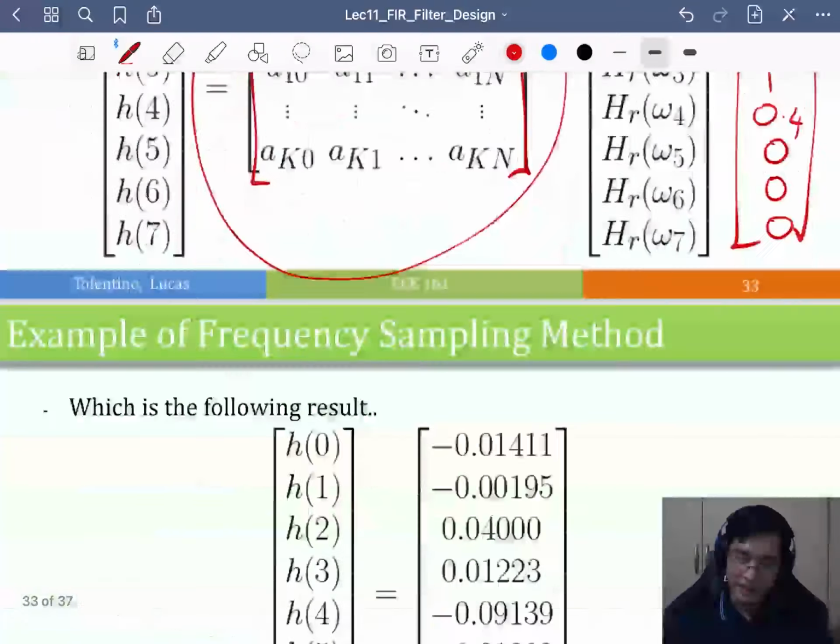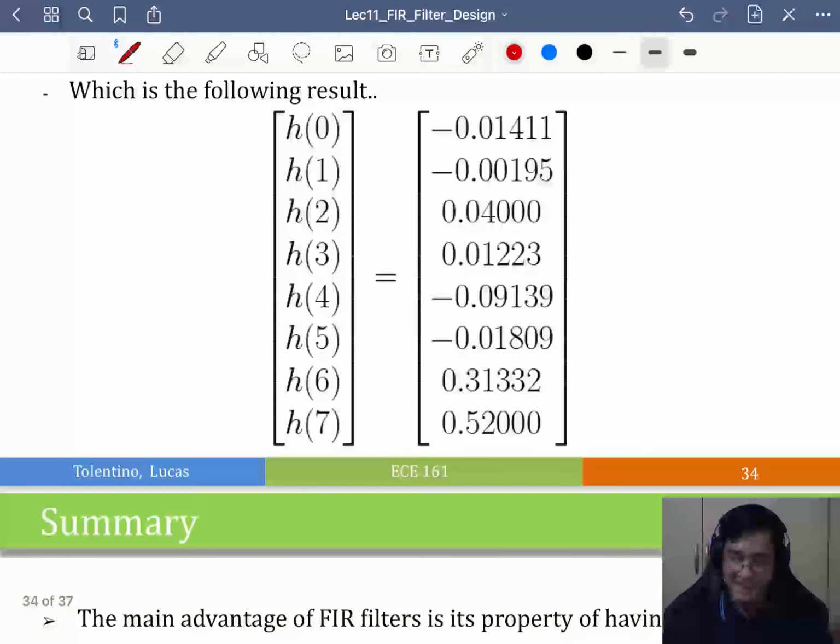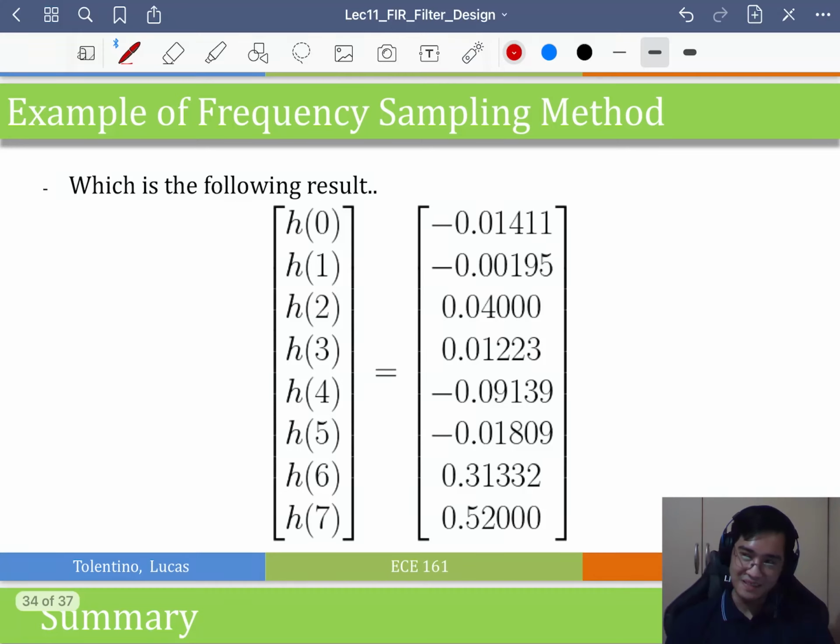We should get this equation. It's also a column vector with 8 points from 0 to (M minus 1) over 2 plus 1.